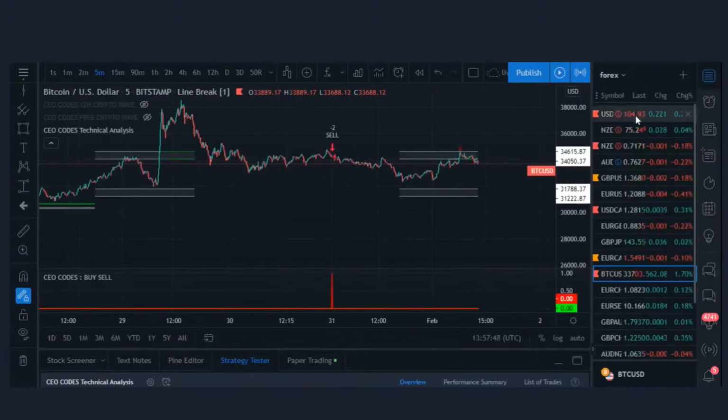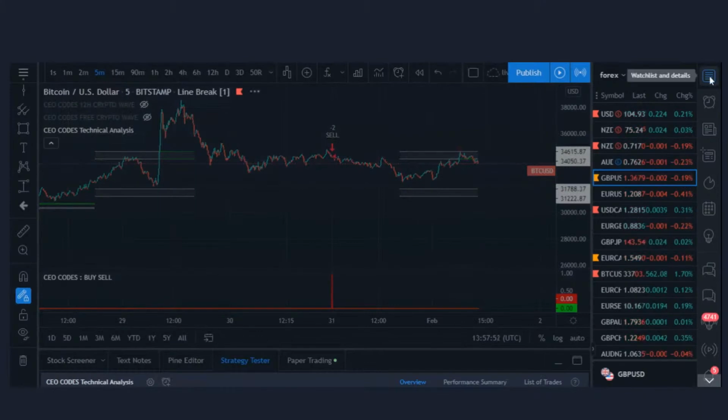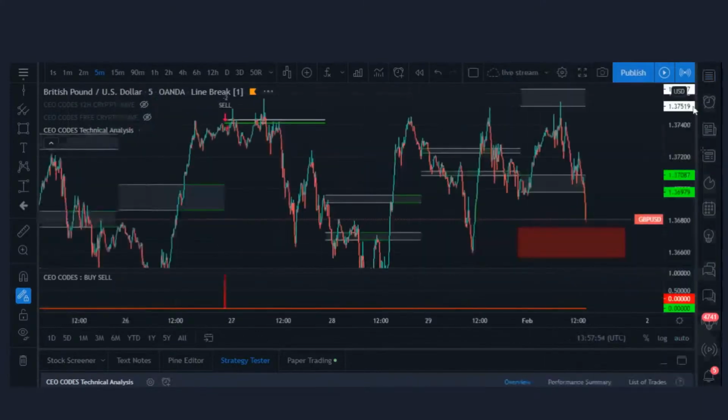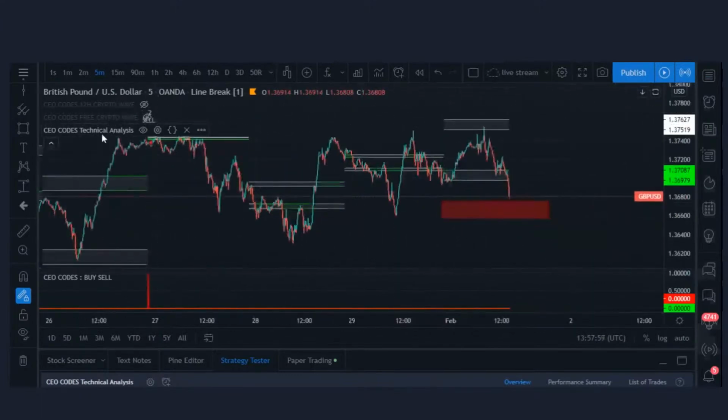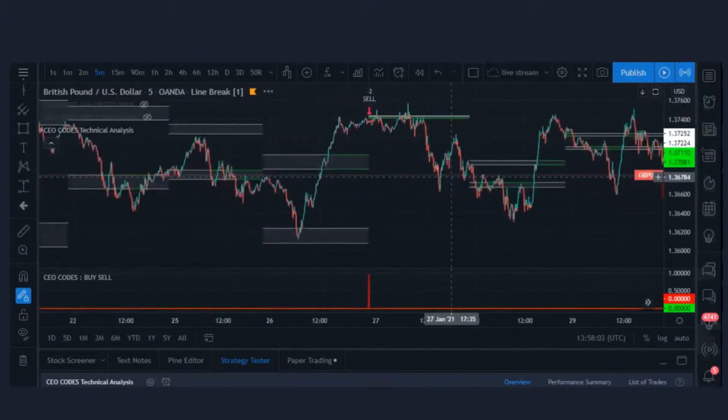And if we go for others, we can see. I really like line break so much.